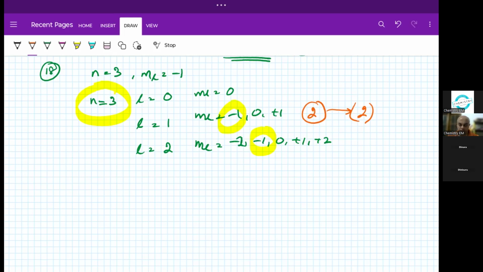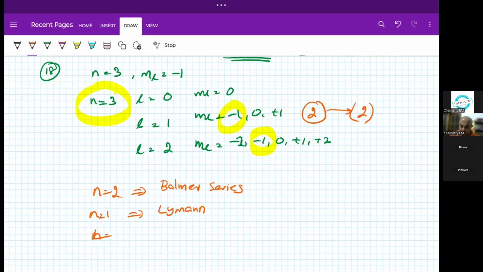We know the Balmer series is produced when the electrons are falling down to n equals 2. When they are falling into n equals 1, it is Lyman.